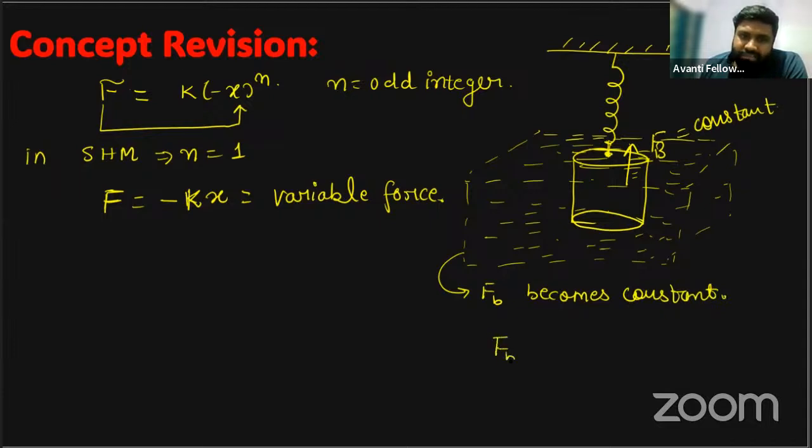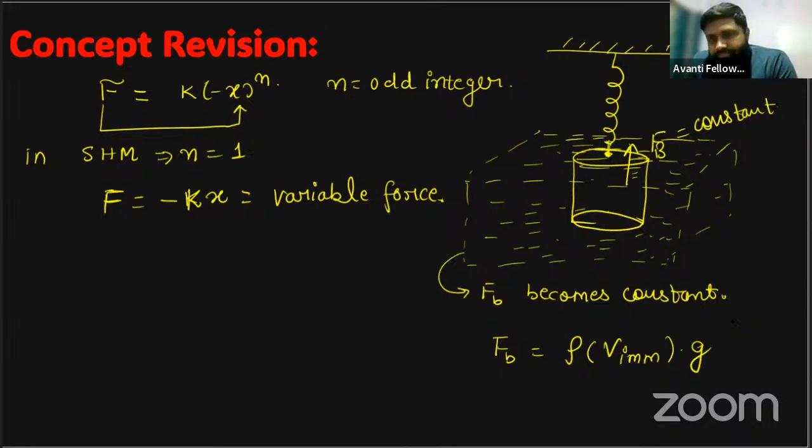Because FB is given by density of liquid, volume of solid immersed, multiplied by g. Now the complete volume is immersed.